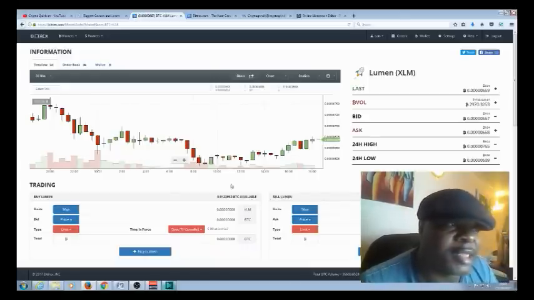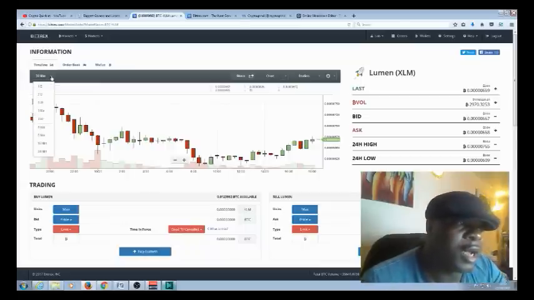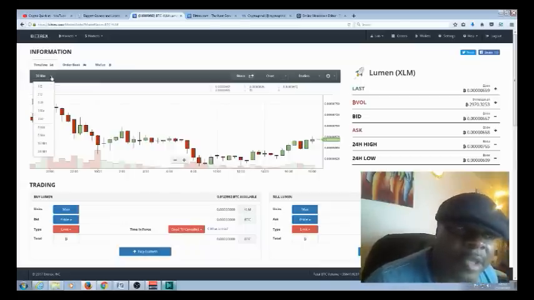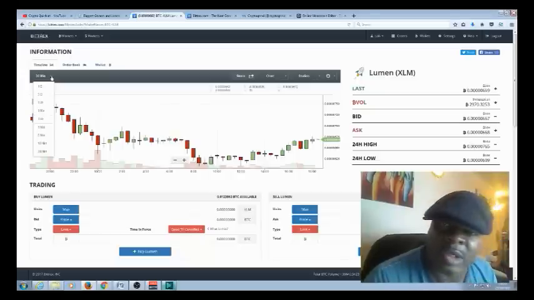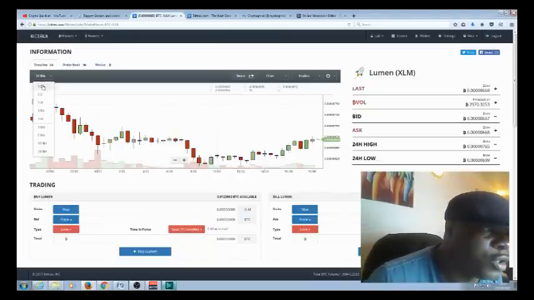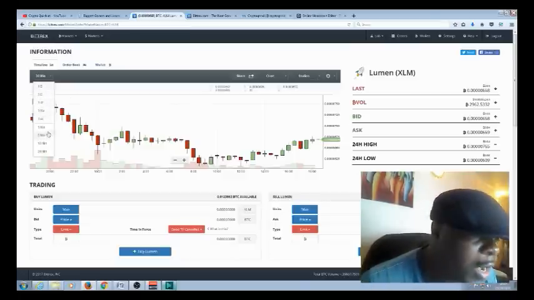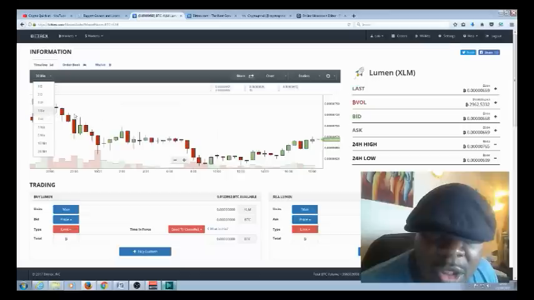So this is a 30-minute activity on this particular trade, Bitcoin to Stellar Lumens. And if you wanted a bit more information, or if you wanted to have a look at a longer time span, it gives you an opportunity for that. A day, 3 days, a week, a month, etc., an hour even if you wanted a shorter time span.